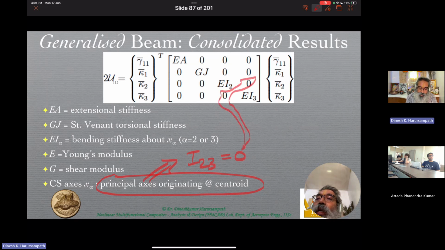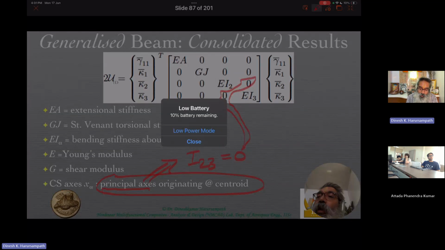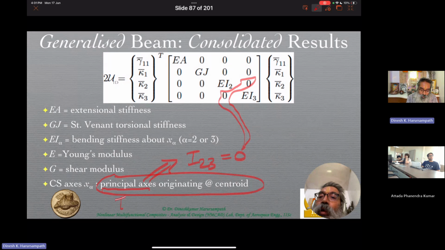Otherwise, if you choose any axis other than the principal axis, for an asymmetric cross section you would have I23 not equal to 0, and therefore you will have off-diagonal terms; it's not a diagonal matrix anymore.